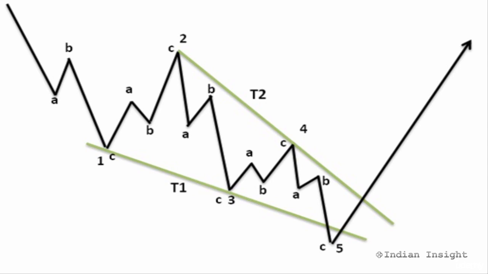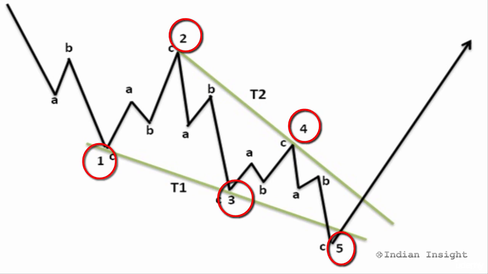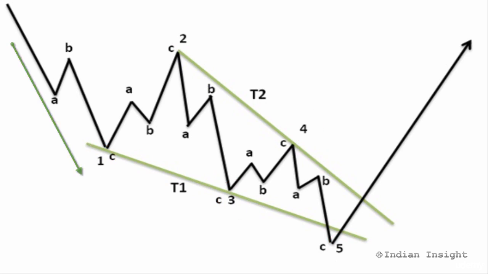So again, here you see that the pattern is broadly divided into 5 legs. So you have the leg 1 which moves down, then you have the leg 2 which overall moves up, then the leg 3 which overall moves down, and so on for leg 4 and leg 5.